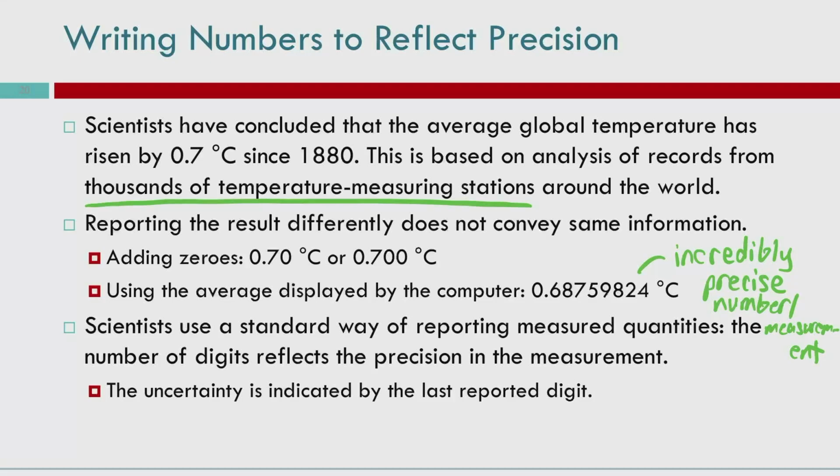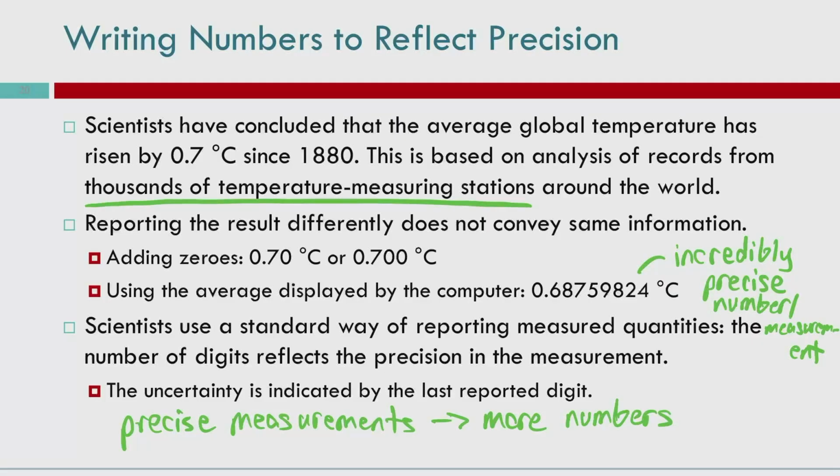If we made good measurements, we'll have more significant figures, more digits. If we had very imprecise measurements, we'll have fewer numbers. This is a rough generalization, but generally, the more precise our measurements, the more numbers that we get to include in our measurement.